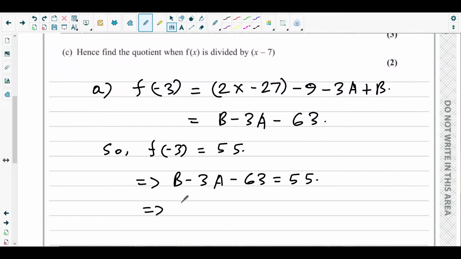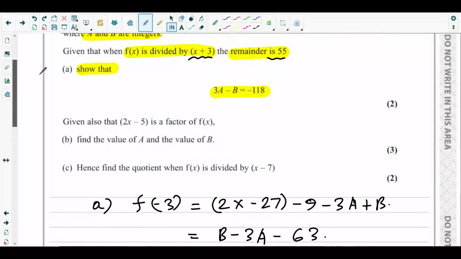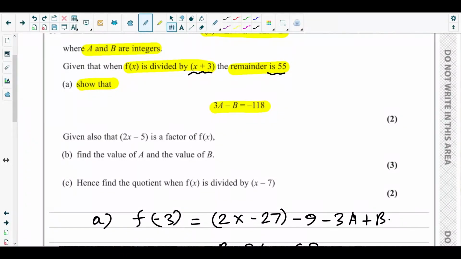Take 63 to the right side, so b minus 3a equals 55 plus 63, which is 118. Now multiply both sides by negative 1 because they wanted 3a minus b in this format, so 3a minus b equals negative 118, and that's exactly what part A has asked us to show.